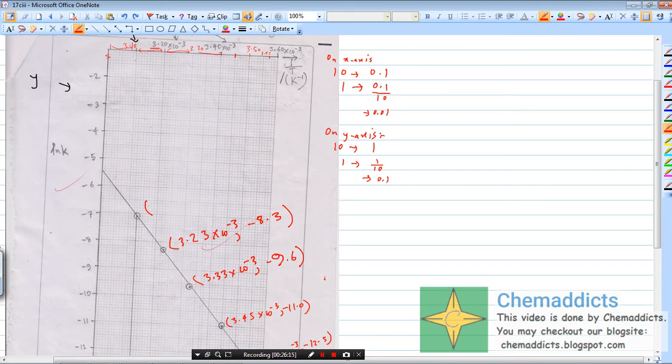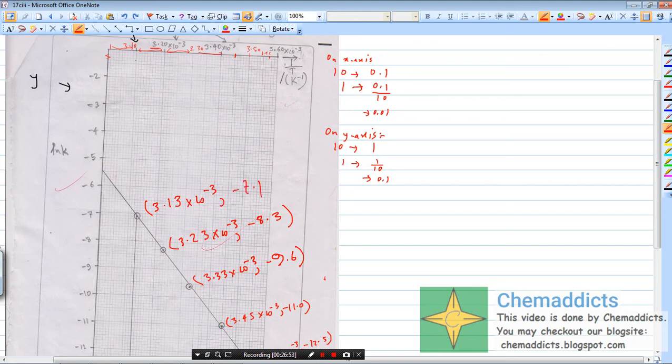We're gonna ignore the small values, just like 10 to the power minus 3. 10 to the power minus 3 is common over here, so we're gonna just ignore this thing, so everything else would be the same as before. So it would be easier for us to draw this complicated graph. Okay, so now let us plot 3.13 into 10 to the power minus 3, minus 7.1.